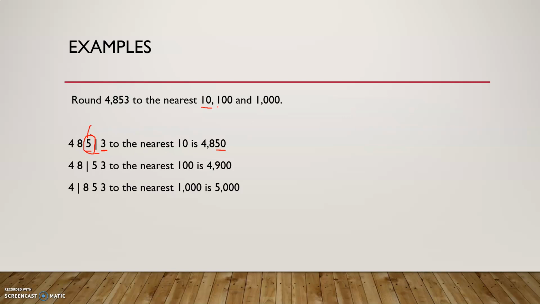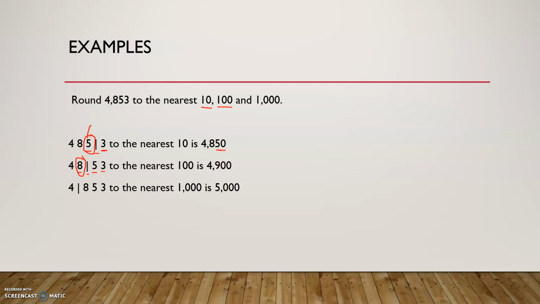Now, the second part of the question is we need to work out the nearest 100. So we go here, unit place, then tens place, and then hundreds place. So here we go, 8. So we go vertical line here.